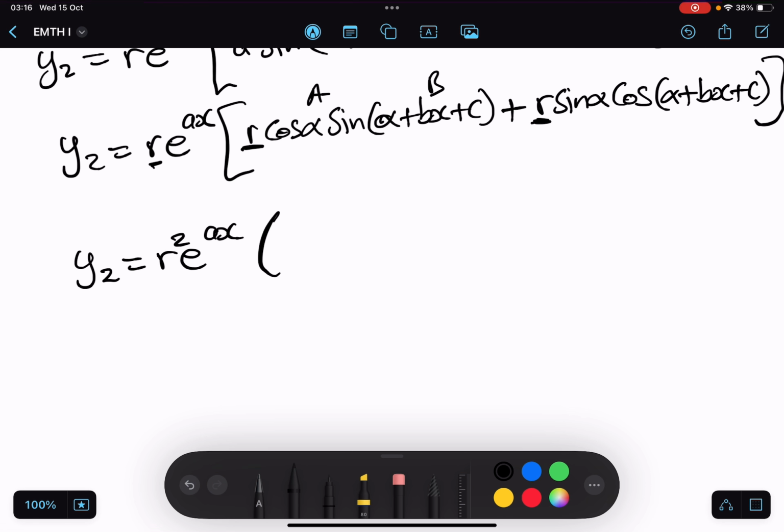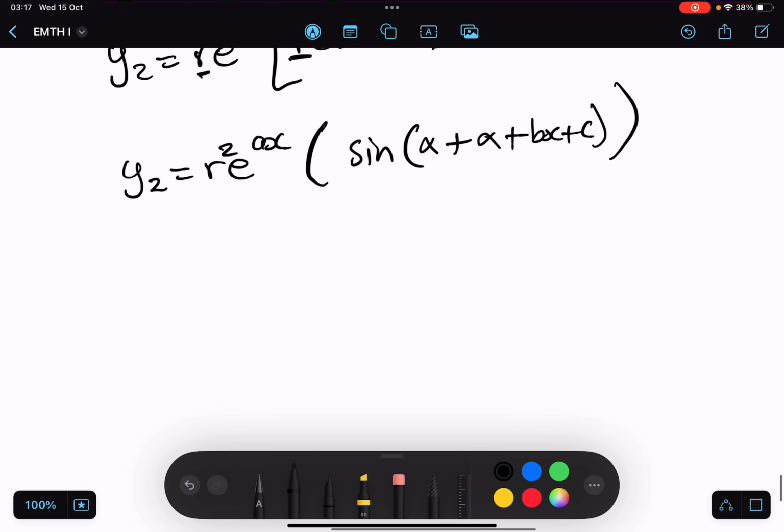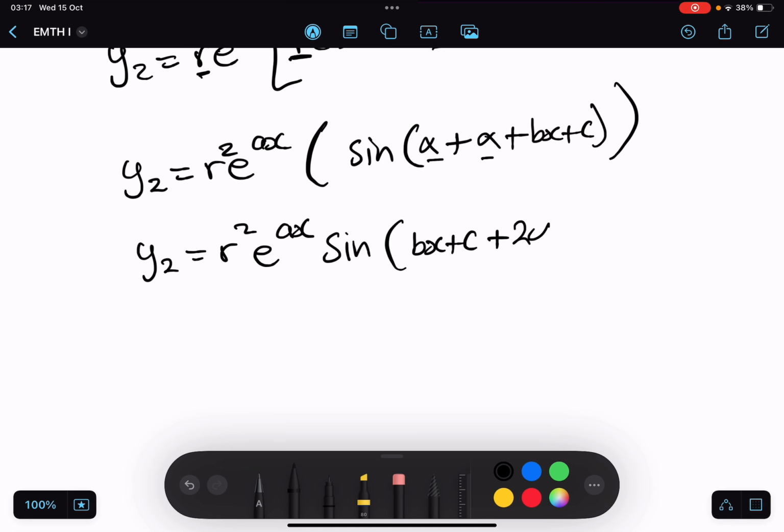And then you're going to be left, if you use the compound identity, with sine of A, which is alpha, plus B, this is our B, which is going to be alpha plus bx plus c, isn't it? Which means y2 is equal to R squared e^(ax) sine (alpha plus alpha is 2 alpha, so we're going to have bx plus c plus 2 alpha).